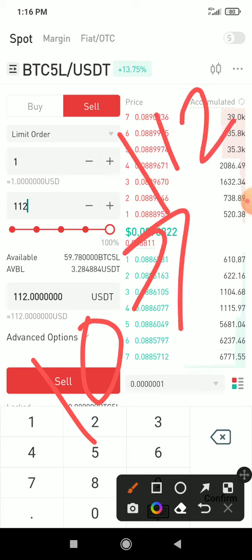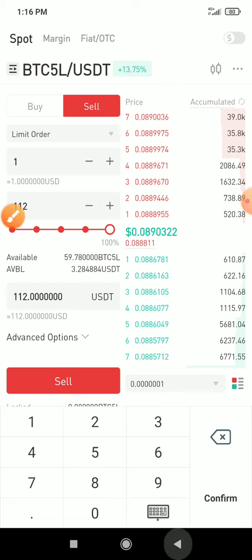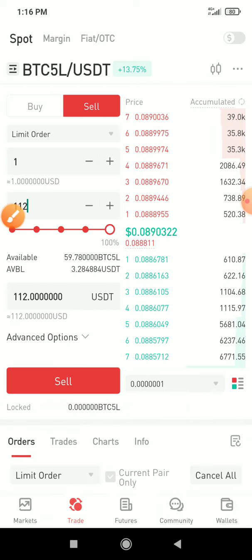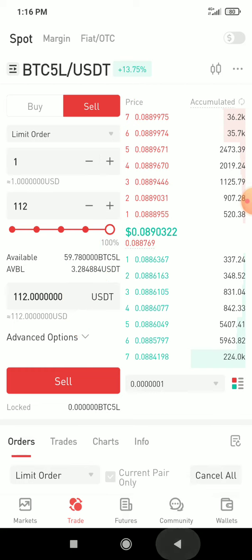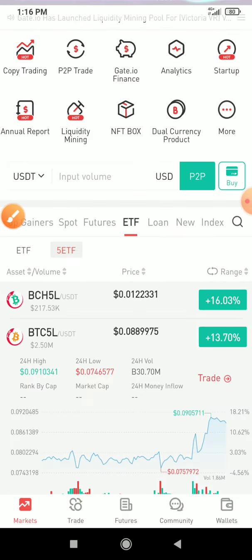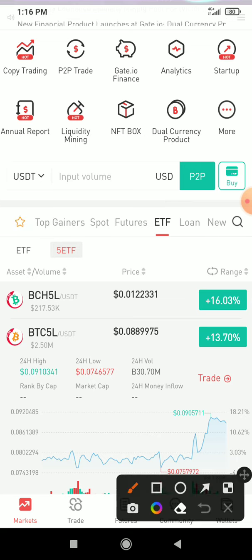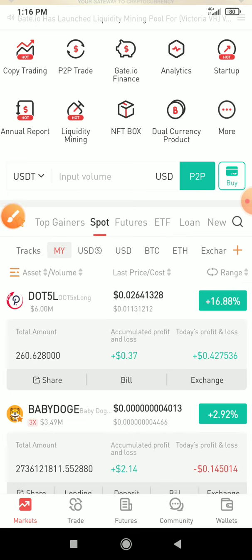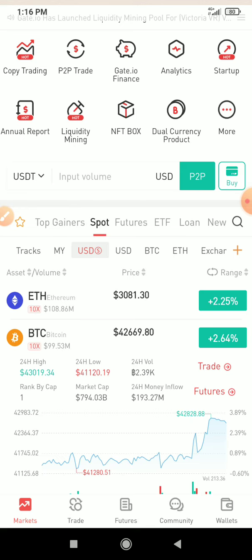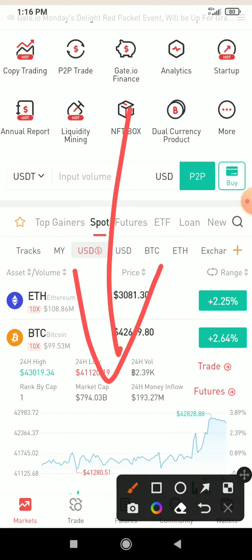Here is the trick. Now in case the market goes down to around 20,000 USDT BTC price, if the BTC goes down, suppose the price goes down 50 to 100%.